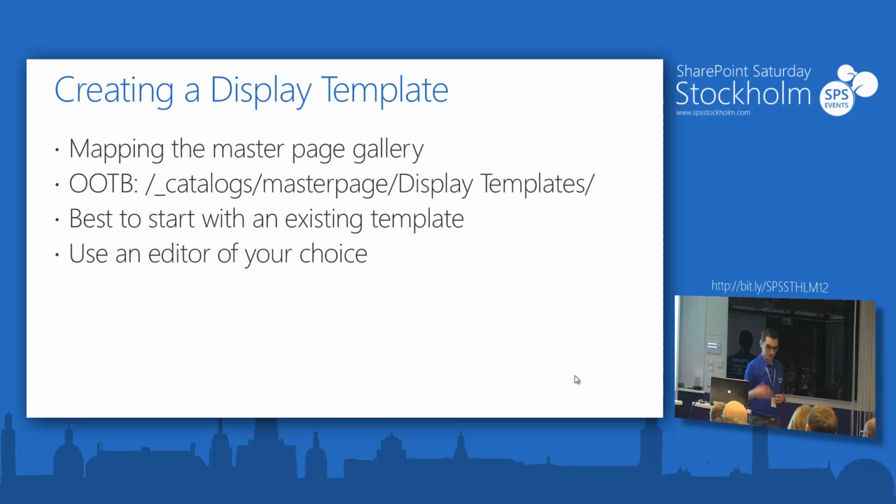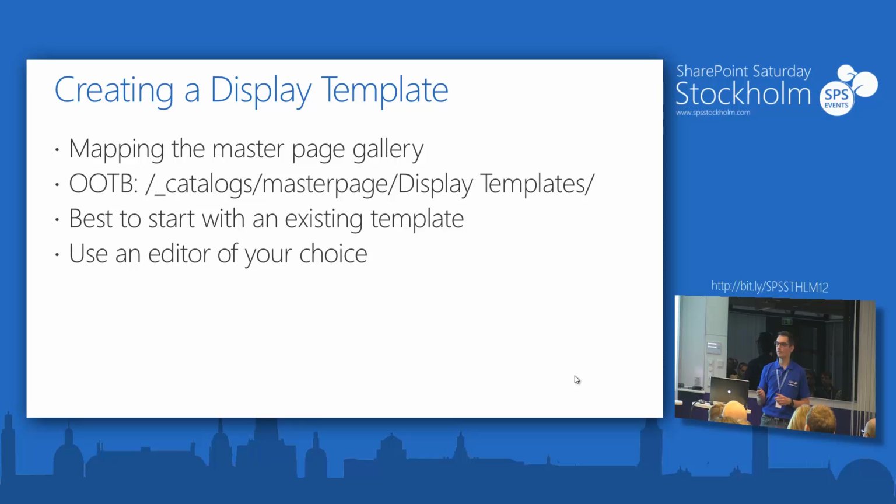Microsoft made it easier for you to see which display template is for which web part. You're going to find the search folder, so you know that these display templates are only for your search result web part. You're going to find a content web part folder, so you know that it's for your content search web part, and some other things.